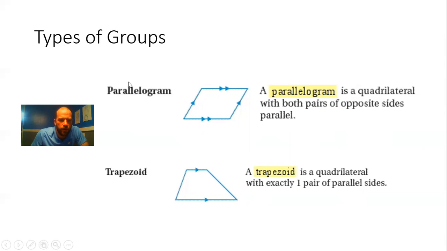If they were lines, they'd go on forever without intersecting. So if you have two pairs of parallel lines, then you're a parallelogram. Cool. But if you do not, you only have one pair of parallel lines, you are a trapezoid. So can you be a parallelogram and a trapezoid?